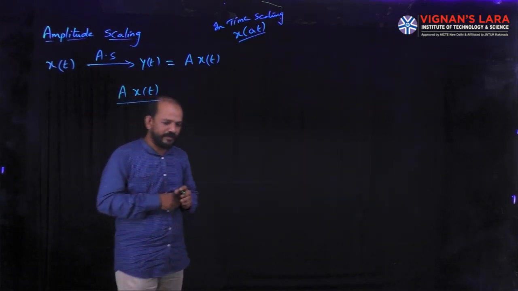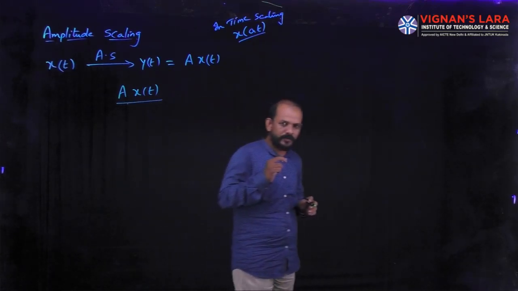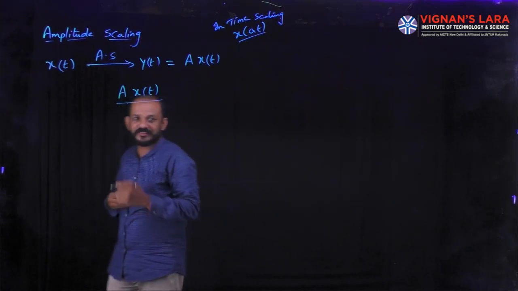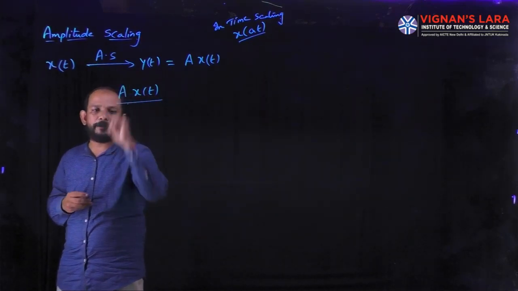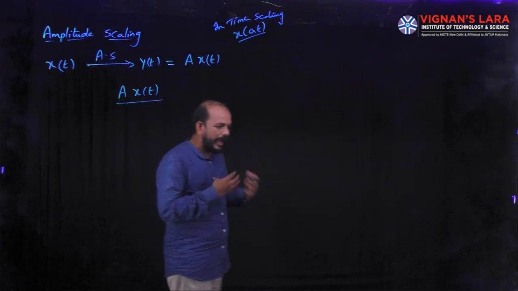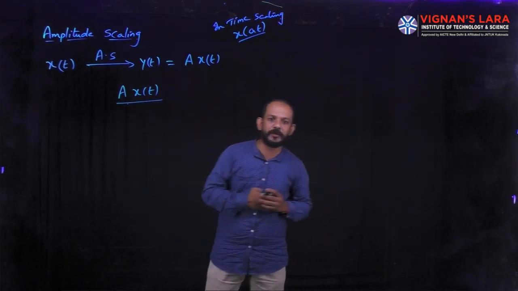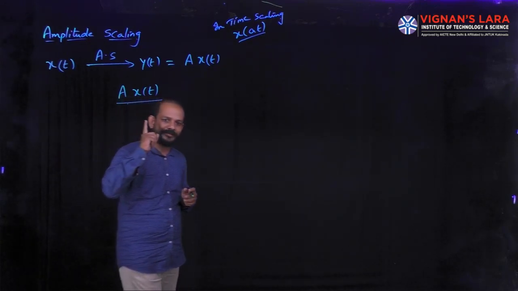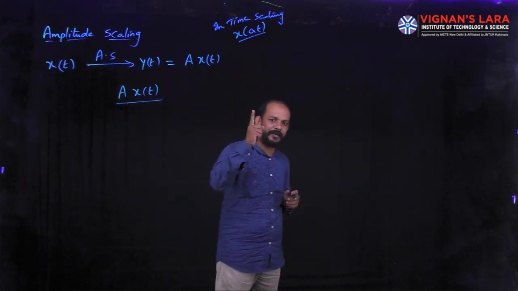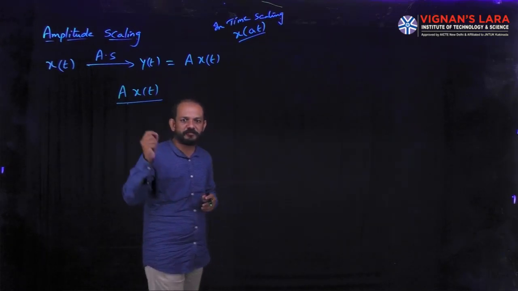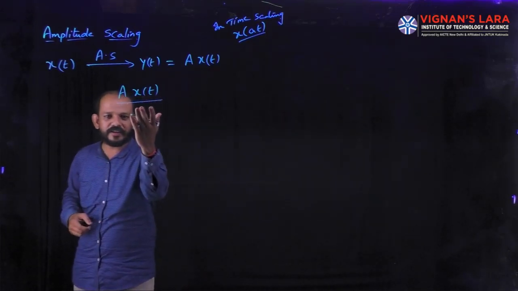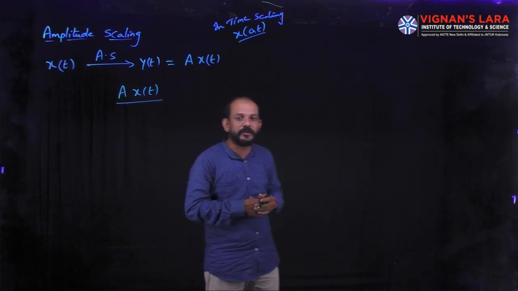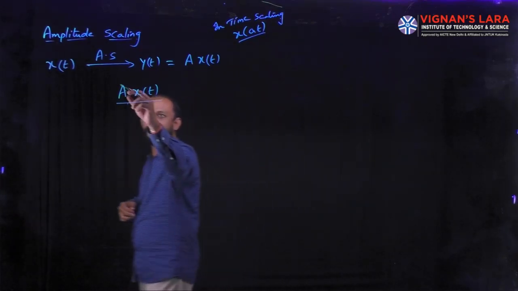In time scaling, we have time compression and time expansion. In the same way, here in amplitude scaling, we have amplification and attenuation. Time compression and time expansion depend on the value of small a. Here I take capital A, so the amplification or the attenuation will depend on the value of capital A.